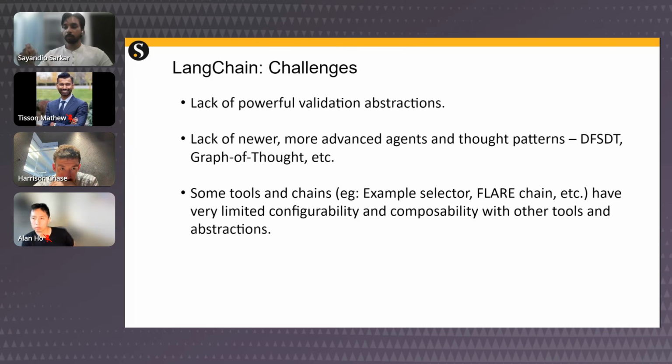What would be helpful is making that a lot more configurable. How do you define what is right? Maybe in my case, I just wanted it to be faithful to a certain set of instructions and not come up with a certain type of answer, or I would want it to do something else. If it is more configurable to different use cases, it would make for a much more powerful abstraction.